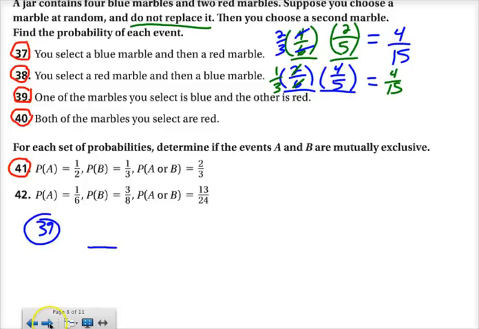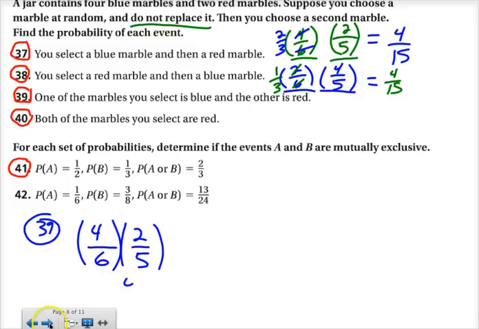So here we go. Blue marbles, 6 marbles all together. And we have 4. And then, since we took a blue marble out, there's only 5 left, and 2 of those are red. And you should be saying to yourself, wait a minute, I already did that math up there in number 37. Yes, we certainly did. We did blue marble and then a red marble.